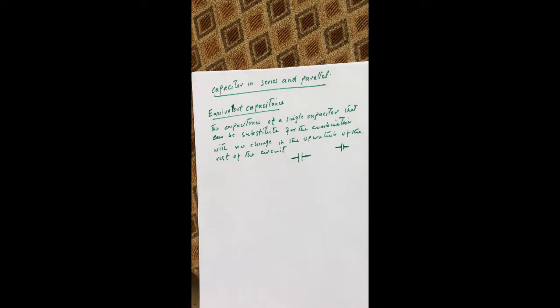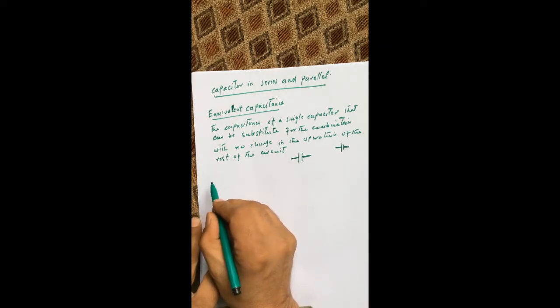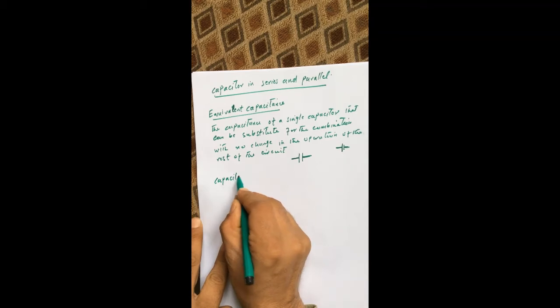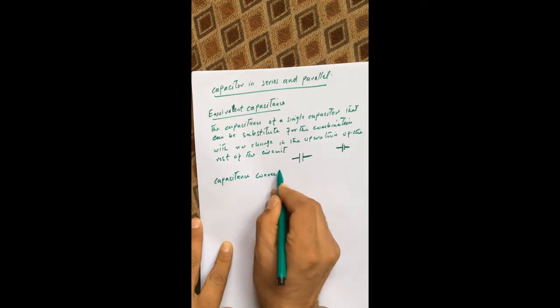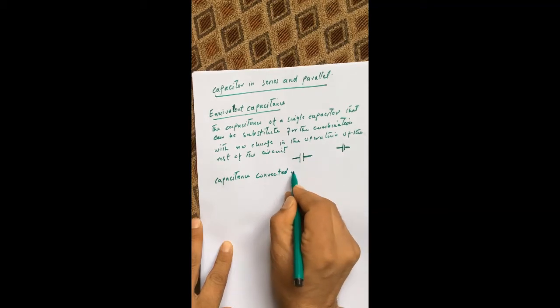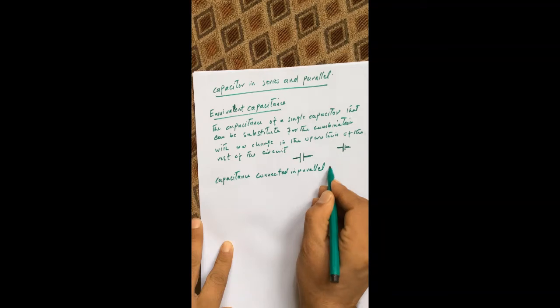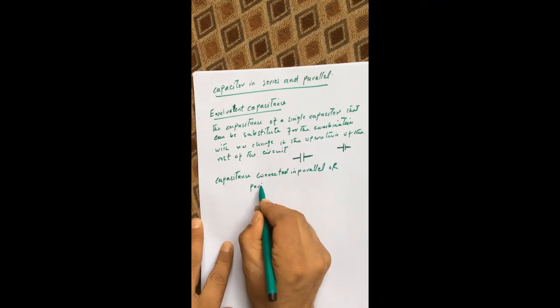Now capacitors can be connected in two ways. The first way is capacitors connected in parallel, or we can also say parallel combination.